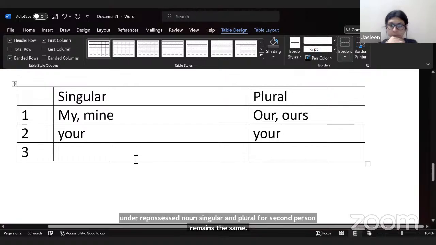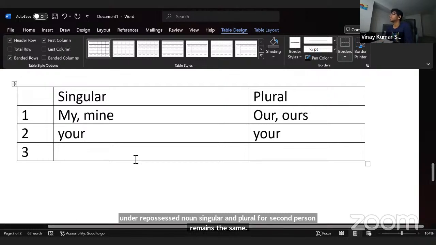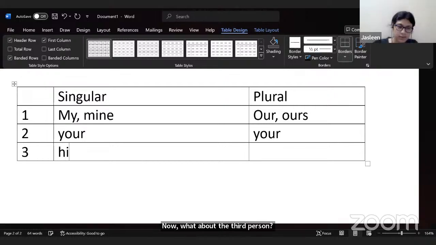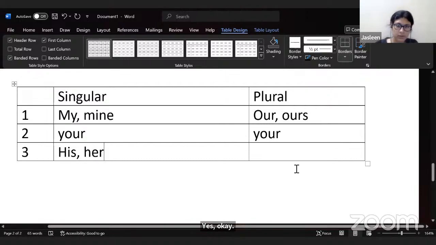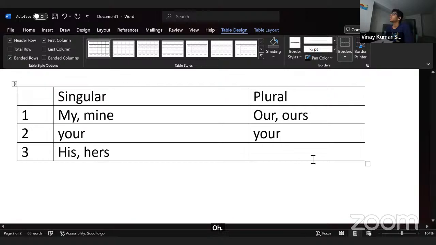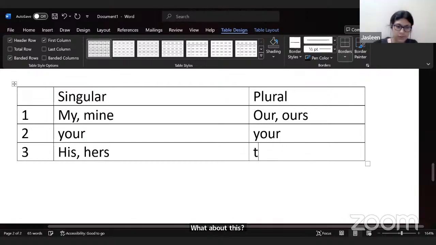Now, what about the third person? His, her. Yes, his and her. What about this? Their. Hers, theirs.